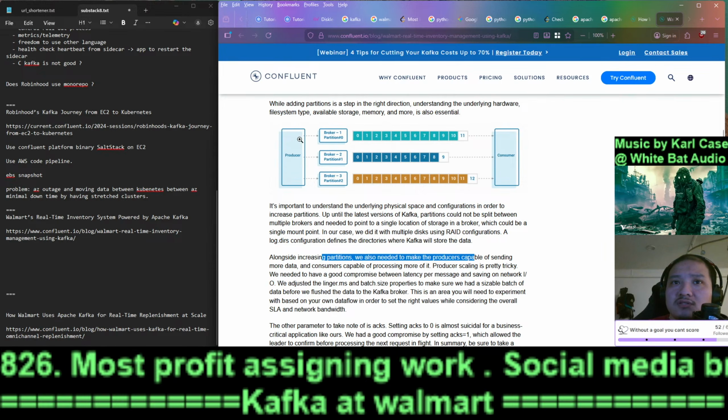So they split the producer into partitions and stream those.